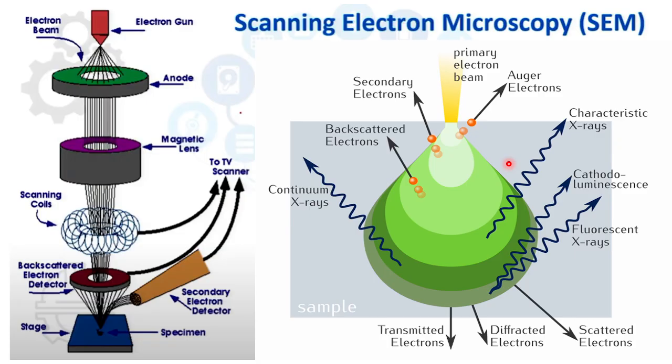I am not saying about transmitted electron. I am saying about Auger electron and X-ray. For example, that's why it is difficult to get a very clear image of any polymer type of material through SEM. Through TEM, it is transmitted through your sample, so that transmitted electron I am detecting.